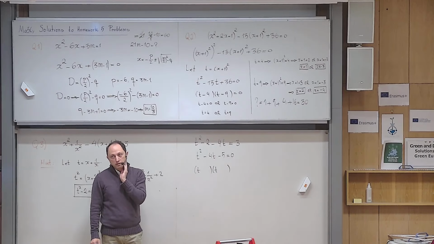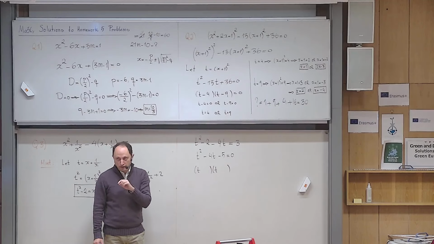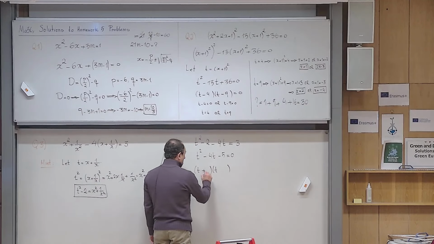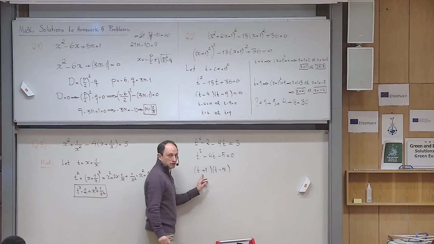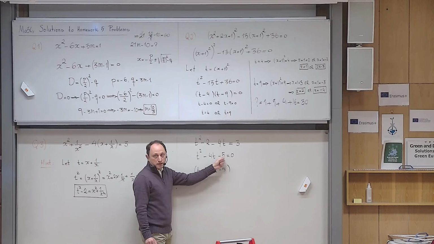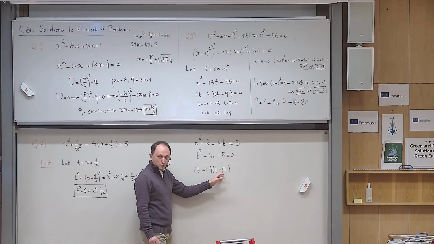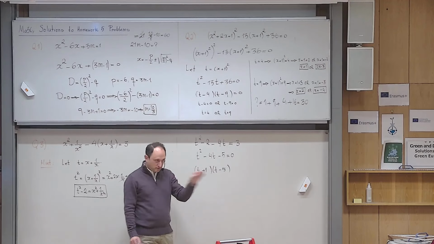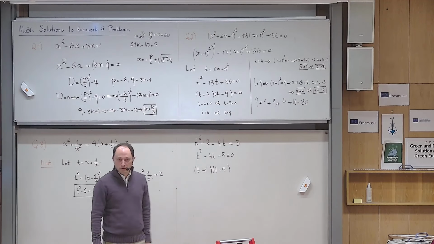Yes? Minus 5 and positive 1. Double check: plus 1, minus 5. If I add them, it becomes minus 4. That's correct. If I multiply them, it becomes minus 5. But if it is taking so long to guess, don't bother. Just use the formula because it will be faster.